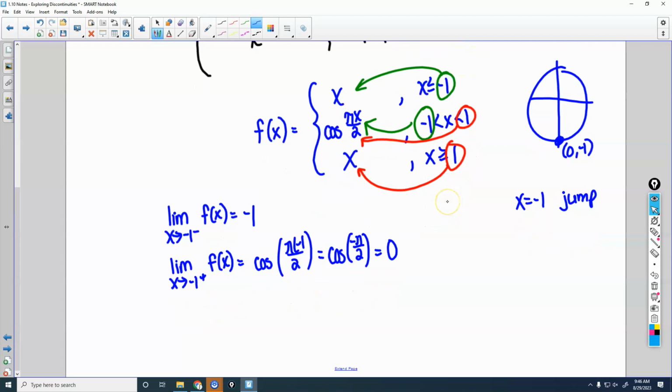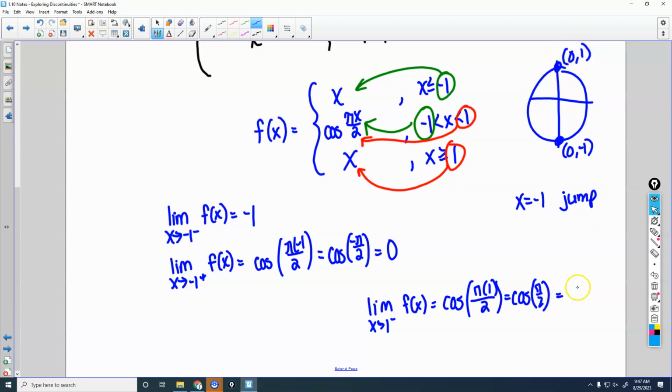We also need to check +1. So our limit as x approaches +1 from the left of f of x would be cosine of pi times 1 over 2, which is cosine of pi over 2. That's here, 0, 1.